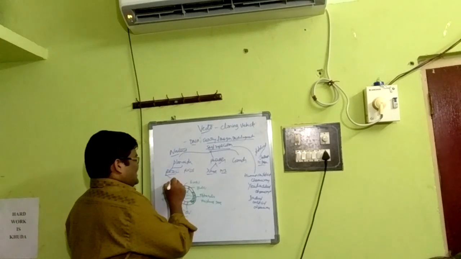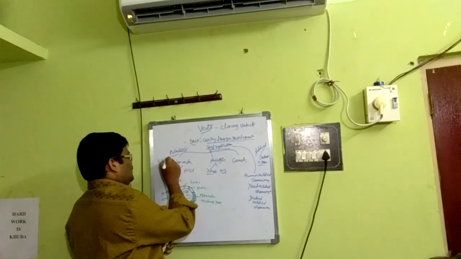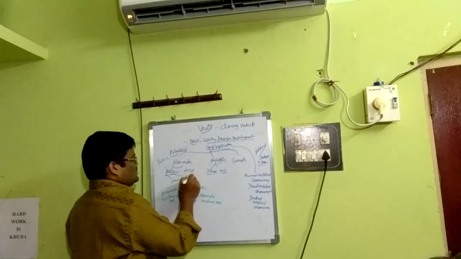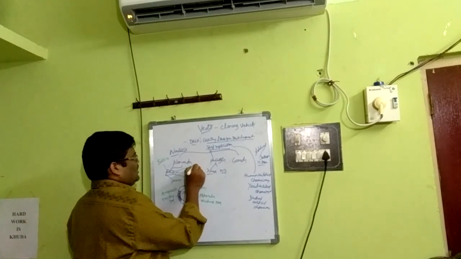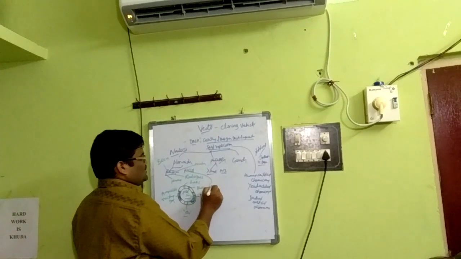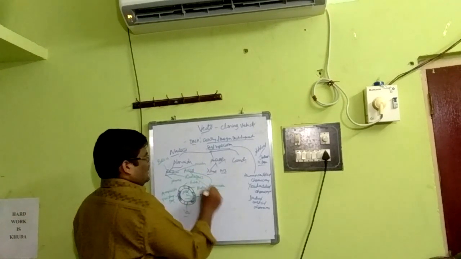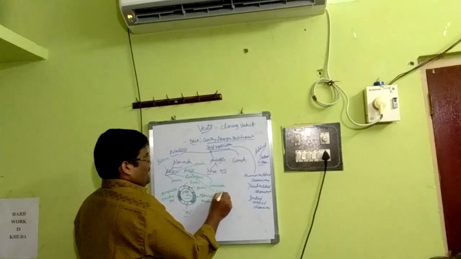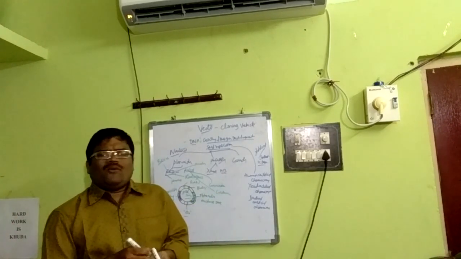P stands for plasmid. B stands for Bolivar. R stands for Rodriguez. The number is given by the authors. In pUC, U stands for University and C stands for California. Why have I given this?